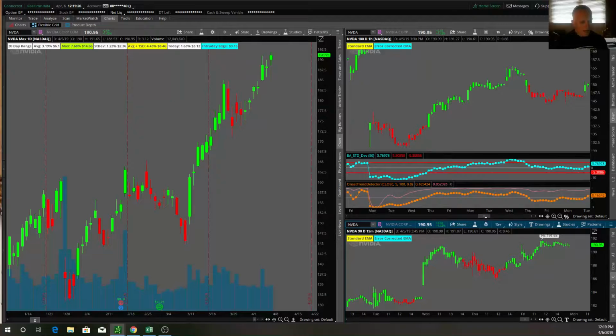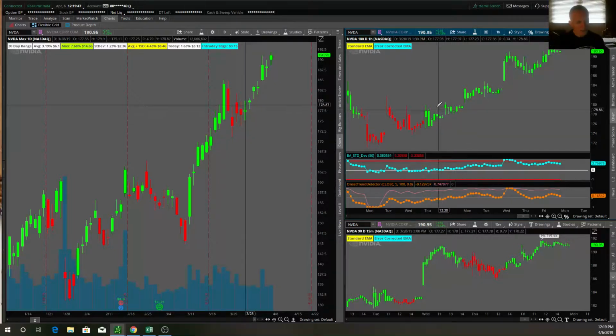So let's go back. I just wanted to show you what I call extreme movements and what I look for. I'm looking for these things to slap the floor. A trend change, that's what I'm looking for, and then a momentum setup after that. So that's how I use these.